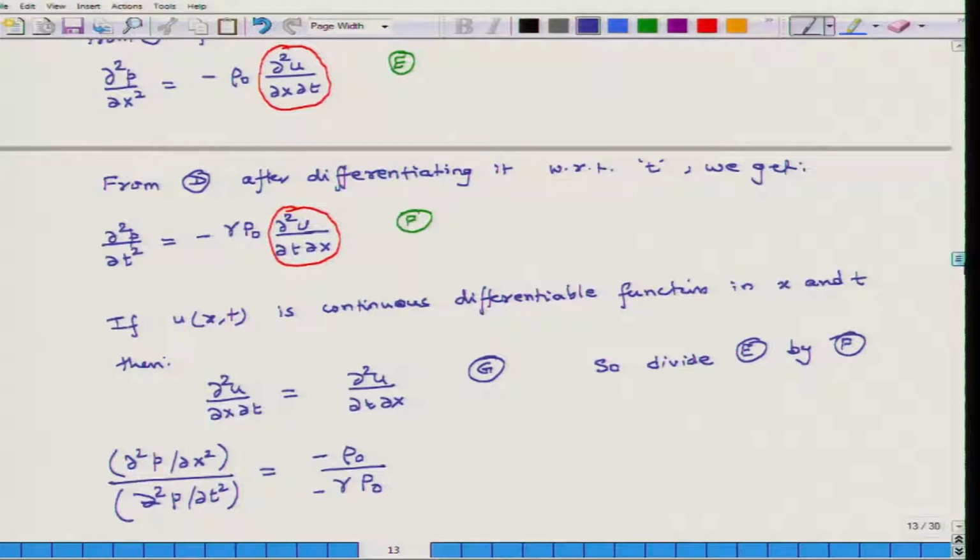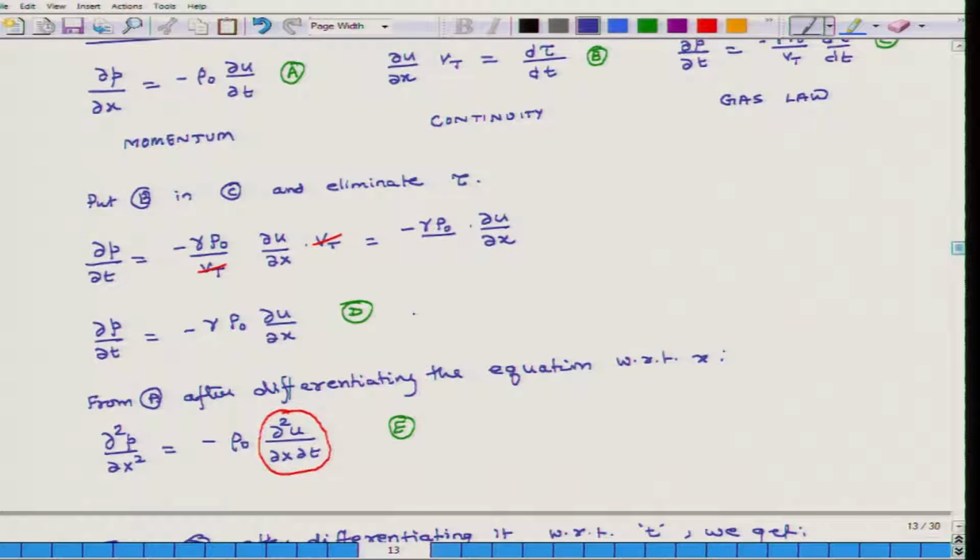I can get a similar wave equation for velocity, and the way I do it is we should see equations D and A. When we were eliminating u, we had differentiated the first equation with respect to x and the second equation D with respect to time, and because of that I got cross derivatives for u.